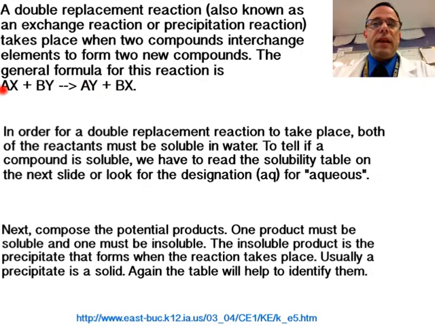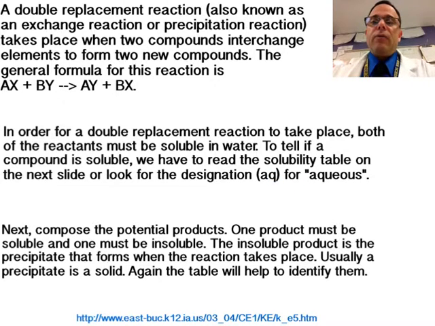If you notice, the A is now combined with the Y and the B is combined with the X on the product side. Now, in order for a double replacement reaction to take place, both of the reactants must be soluble in water. That means they will dissolve in water. Now, to tell if a compound is soluble, we have to read a solubility table that's on the next slide, or look for the designation AQ, which means aqueous.